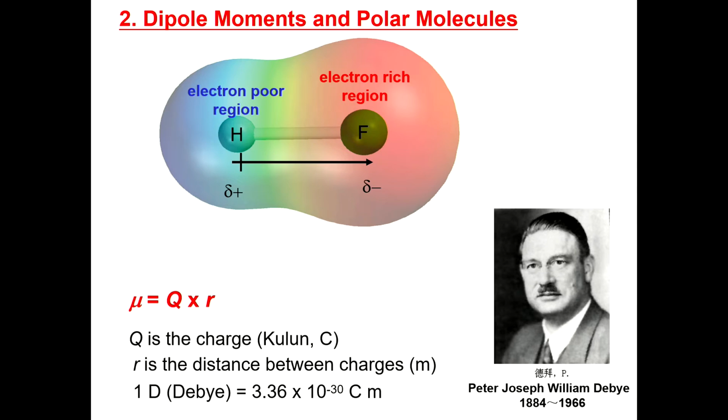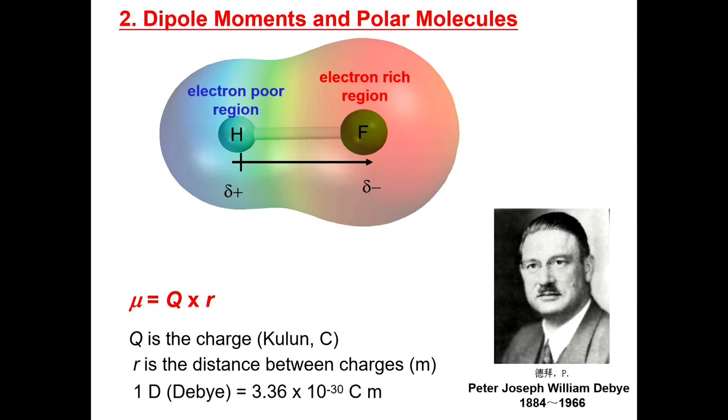In this case, fluorine has higher electronegativity, so it attracts more electrons to its side. So it has some negative charge, and the hydrogen has some positive charge. So the charge Q times the distance between them gives the dipole moment.